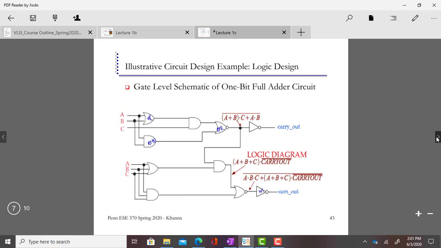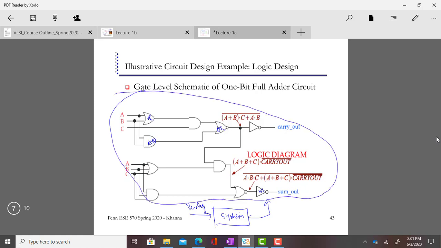Remember, you just input the Verilog code to the synthesizer. You wrote the Verilog code, and the synthesizer generated this whole circuit, the most optimal, the most efficient circuit.